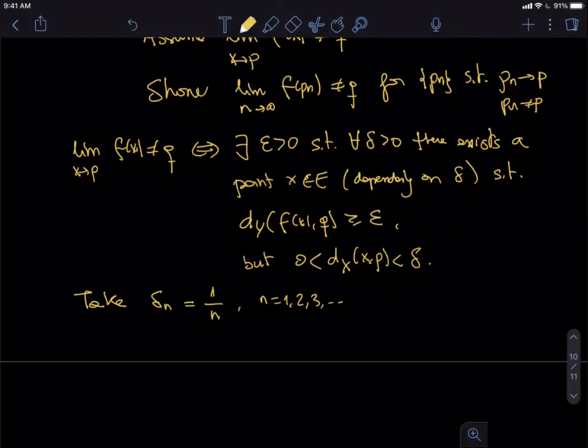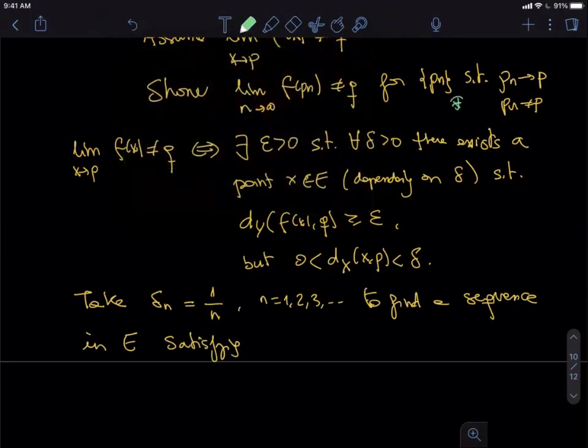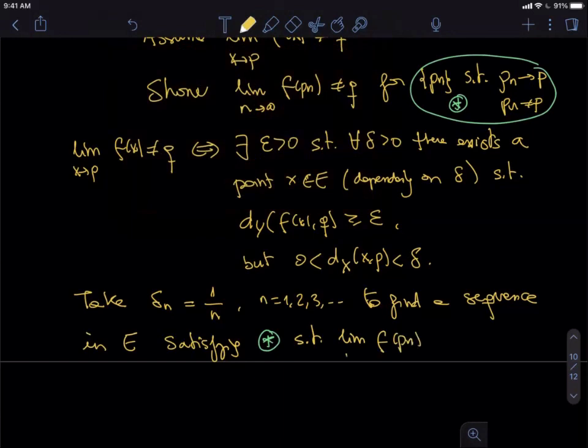This way we find a sequence in E satisfying this condition, such that the limit of f(pn) as n tends to infinity is different from q.